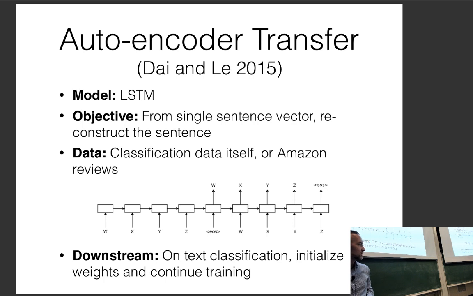And they compared this using it in the same way as before, except they took the encoder rather than the decoder. I don't remember the results so carefully, but if I remember correctly, this was a little bit worse than just training with the language modeling objective, which I think is kind of interesting.